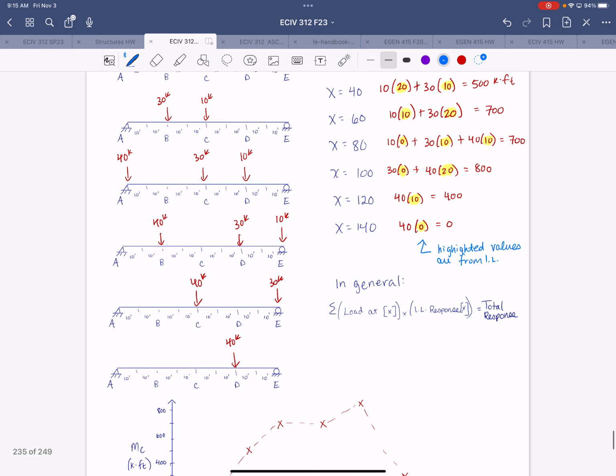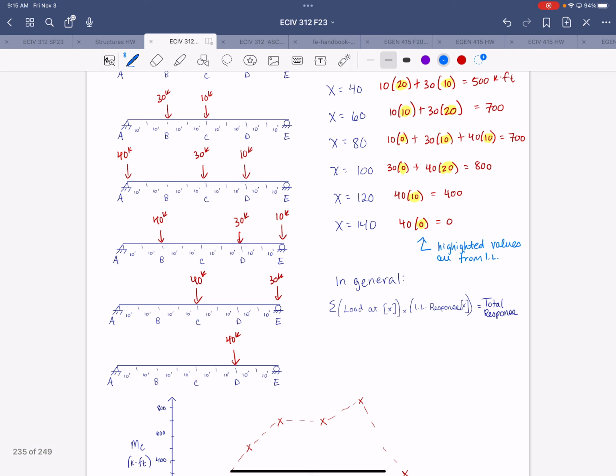So in general, the total response is just the summation of any point load that you have times the influence line of the response at the respective location for each point load.